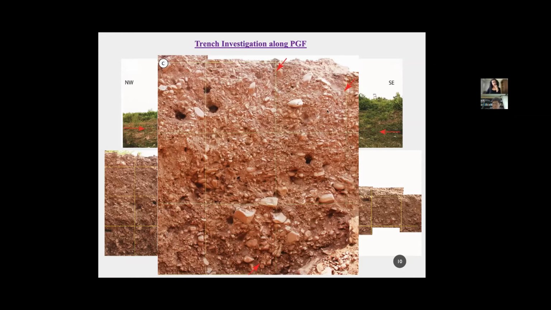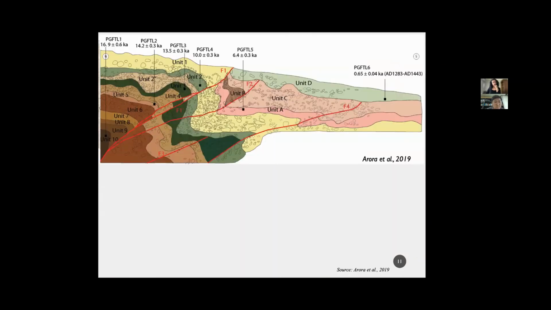And then based on different lithology, color, clast size and type, and texture, we have classified the trench into several litho units. Based on the cross-cutting relationship between the fault and the units, we have bracketed the event.